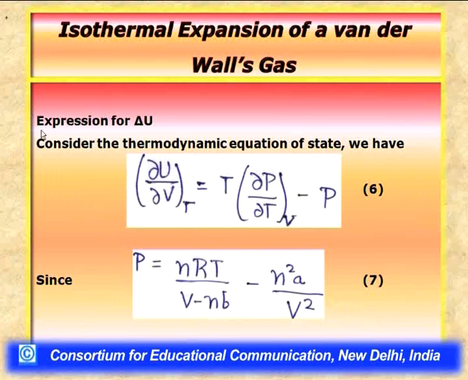Now, having said this, it is time for us to look for the expression of delta U, that is, the change in internal energy. For this, let us first consider the thermodynamic equation of state, given by equation 6.